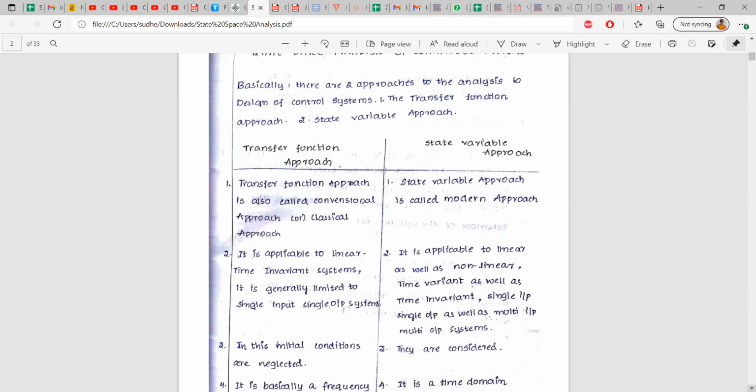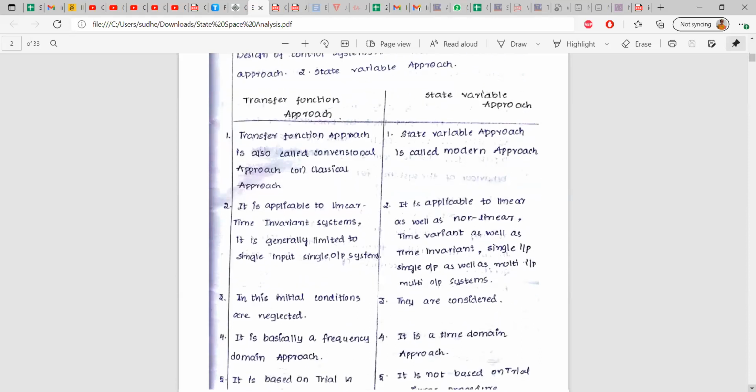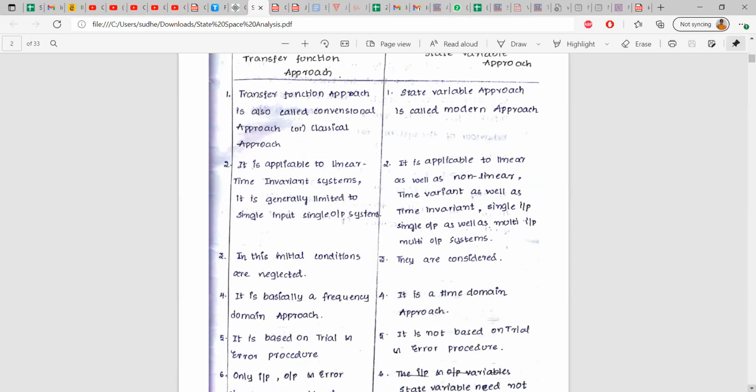Okay. And transfer function is a frequency domain approach, but the state variable is a time domain approach. What is transfer function?